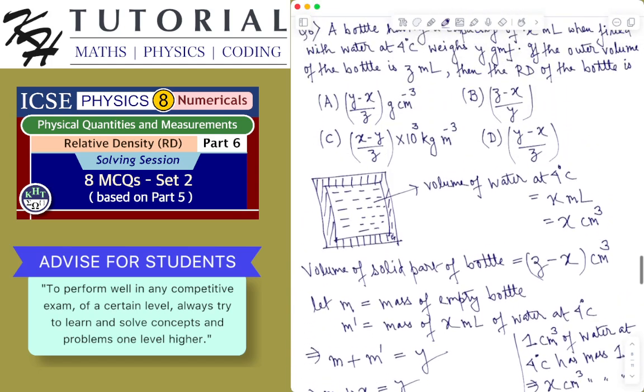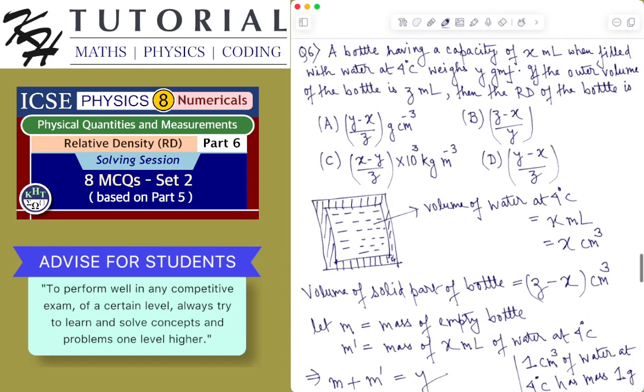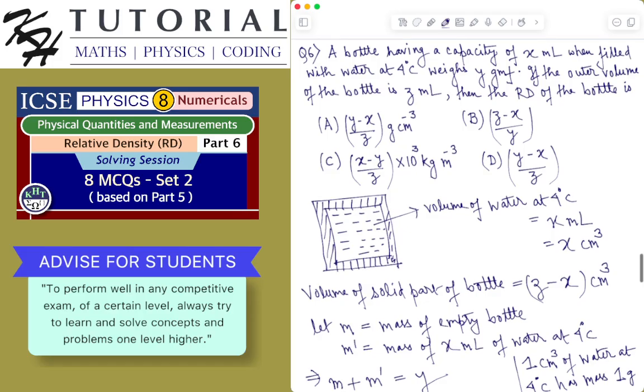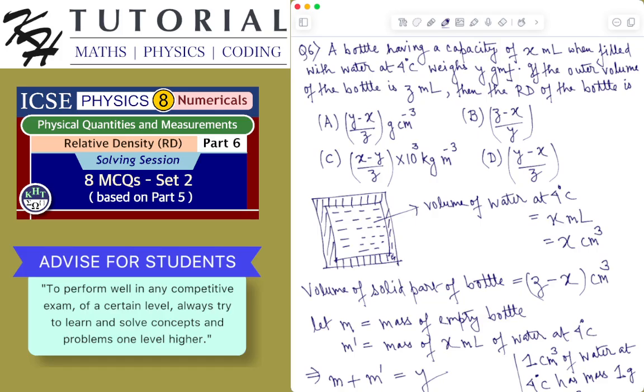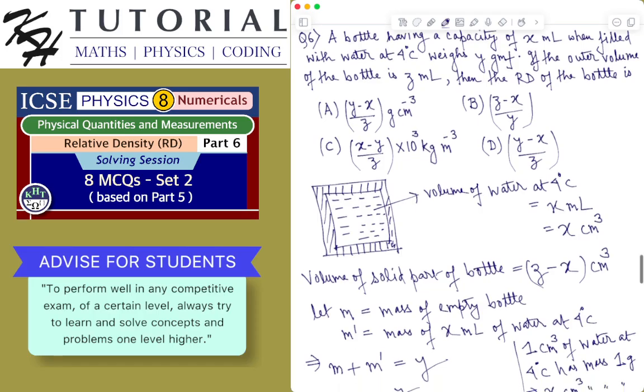It is given that the outer volume of the bottle is z ml, and we also know that the capacity of the bottle, that is the volume of the empty space, is x ml. So definitely the volume of the solid part of the bottle should be z minus x centimeter cube. Yeah, I think I have incorrectly given the choices.